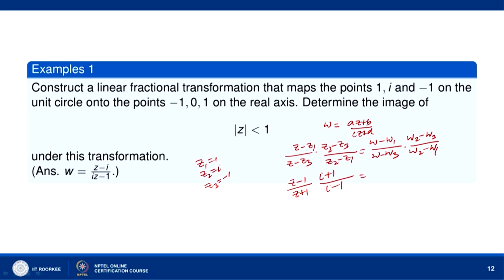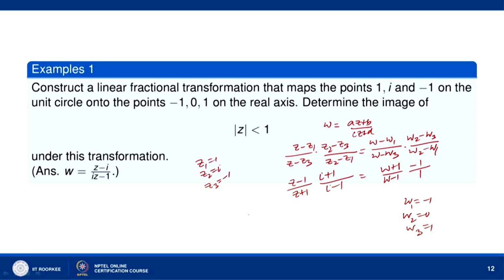This is equal to W minus W1, where W1 is equal to minus 1, W2 equal to 0, W3 equal to 1. So, W minus W1 means W plus 1, and then W minus W3 is W minus 1, and W2 minus W3 is minus 1, divided by W2 minus W1, which is equal to plus 1.